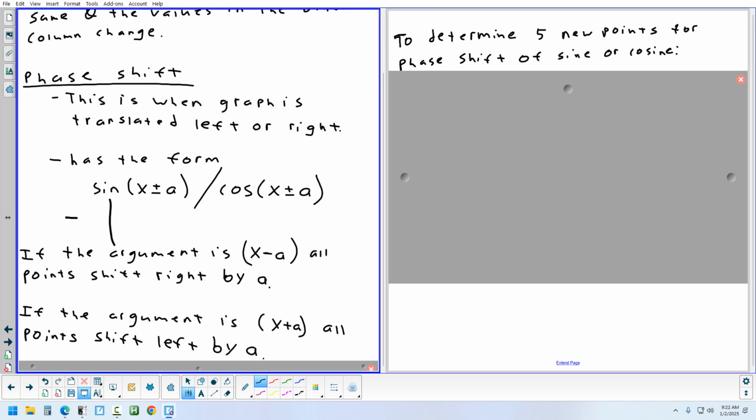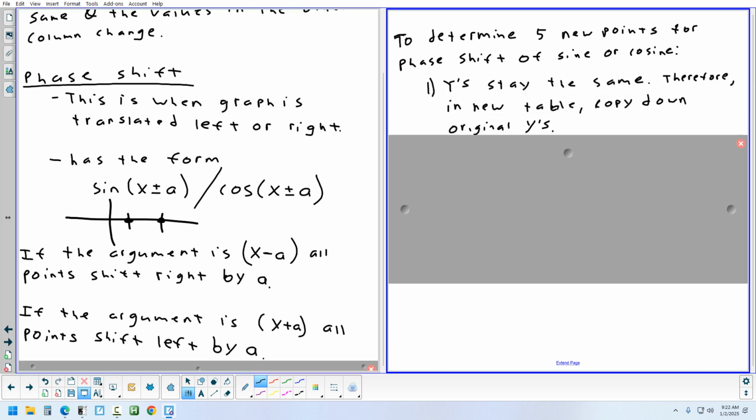So if you had a coordinate that was here and then it was here, what changes between those two coordinates, the x or the y? Those two coordinates would have the same y value. In that case, they both have a y value of 0. The x is what changes. So when you shift left and right, the x values change, the y values do not. So from your original table, you can copy the y values down. They are not changing.